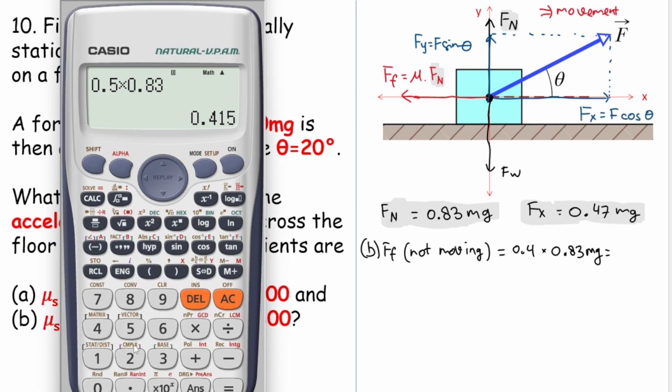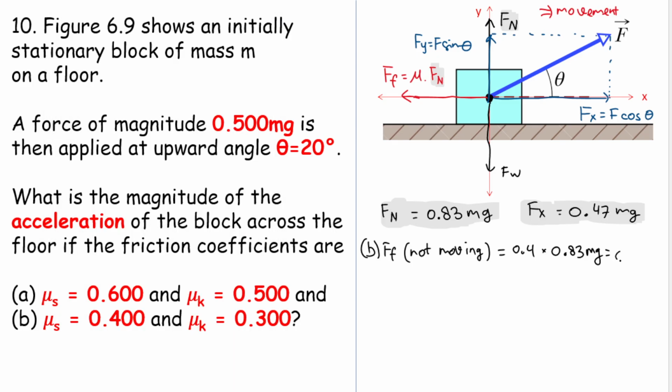And that will be 0.4 multiplied by 0.83, so I'll have 0.33 mg, 0.33 mg here.